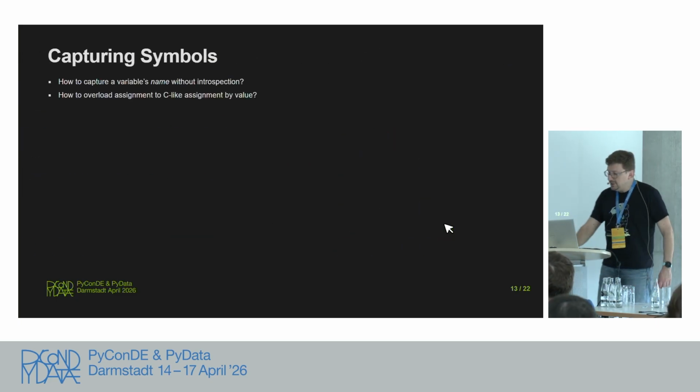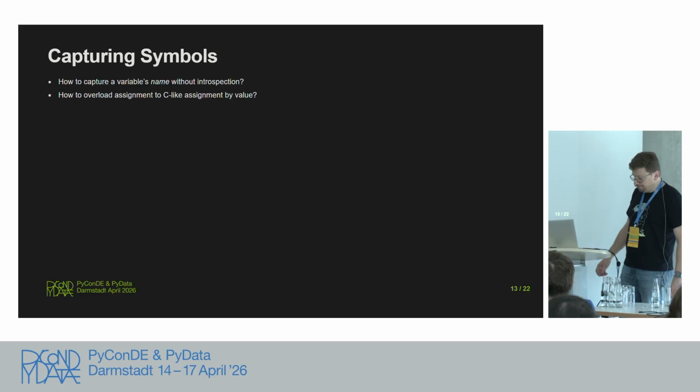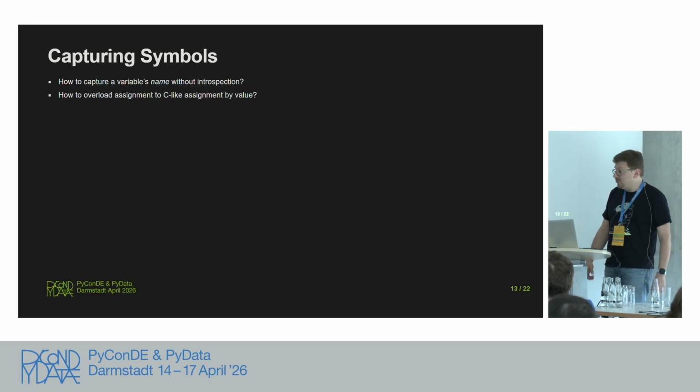The next pattern is perhaps the most important one, and maybe the strangest one as well: capturing symbols. So how do you capture symbols if you don't use introspection? And also a related question, how do you overload assignment to have C-like semantics? Because in C, assignment is by value. In Python, it's always by reference.